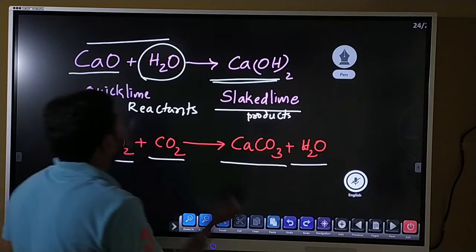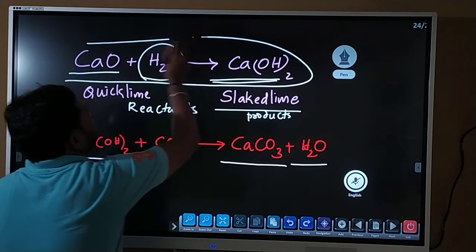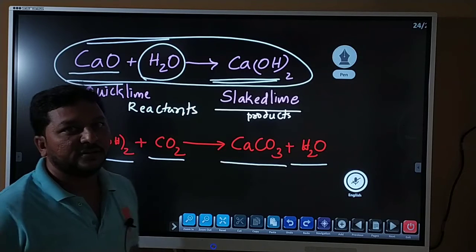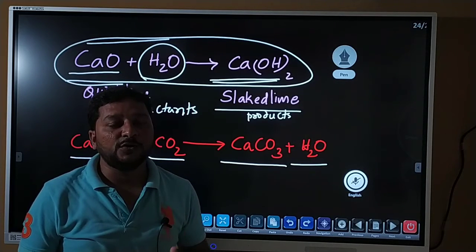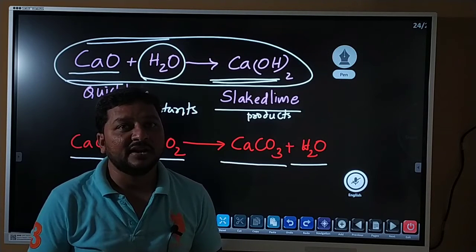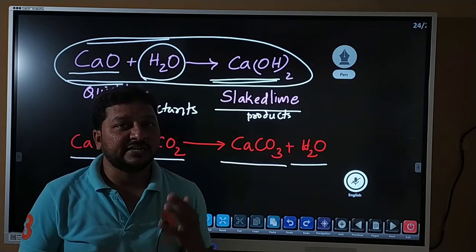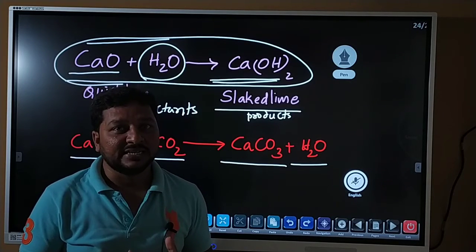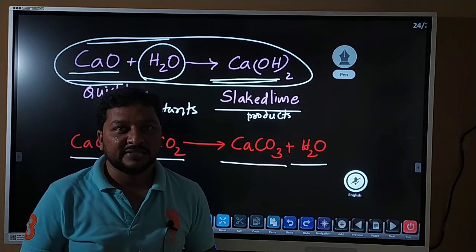This is an example of an exothermic chemical reaction. You can find more examples of chemical combination and exothermic reactions by referring to your textbook and some other science textbooks. Okay, thank you.